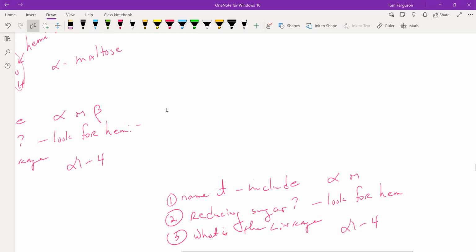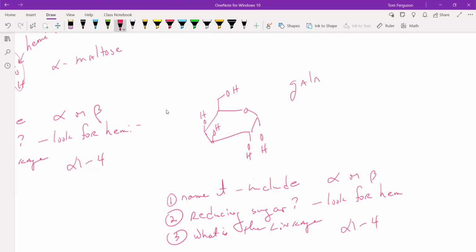Okay, so let's look at a monosaccharide. Okay, name it. All right, this is galactose. Notice that carbon number 4 here goes up rather than down, whereas in glucose it goes down. And this goes down, so this is alpha galactose.